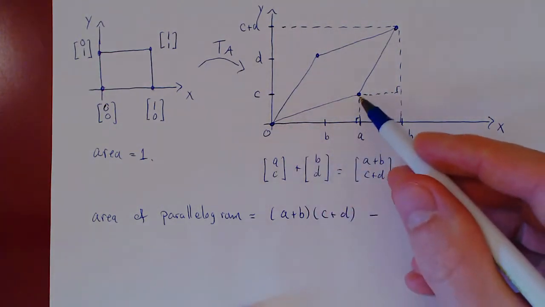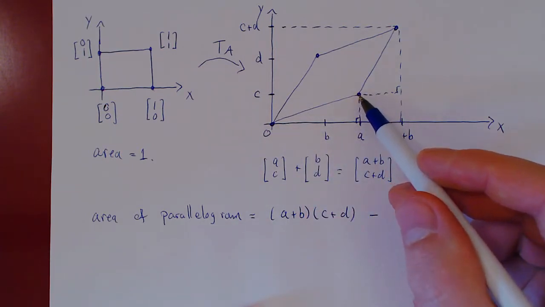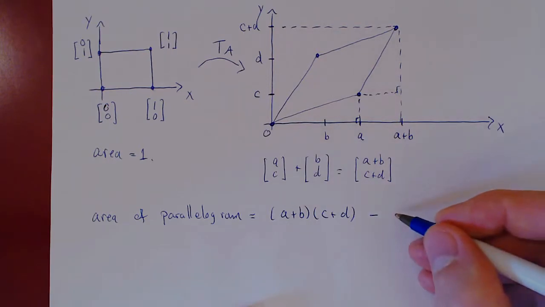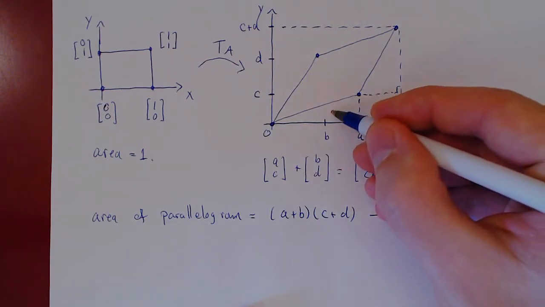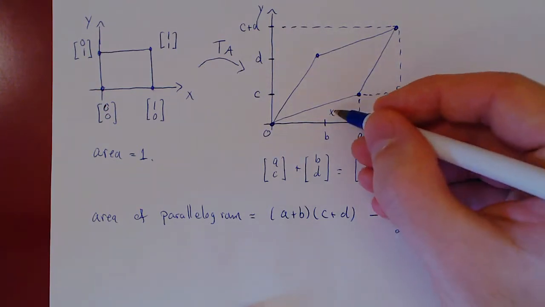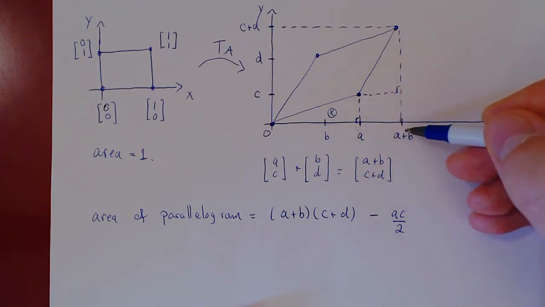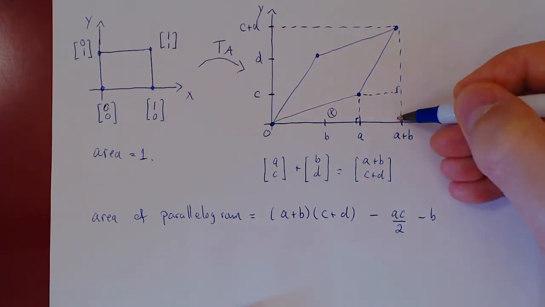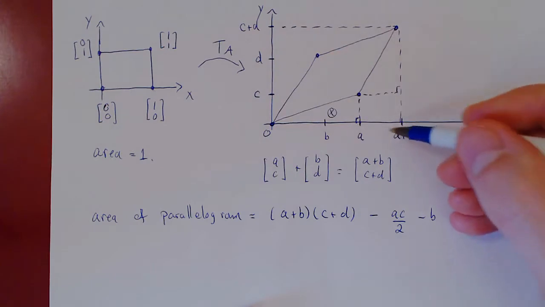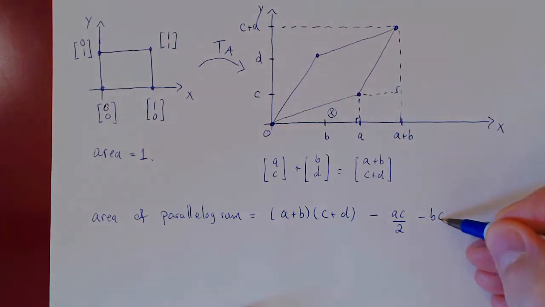So let's remove the area of the first. The length is A, the height is C, so the area is base times height over 2. That's AC over 2. So we have removed the area of this triangle. What's the area of the rectangle now? Well, the point here is A, the point here is A plus B, so the length is B, times the height is C. So we get minus BC.